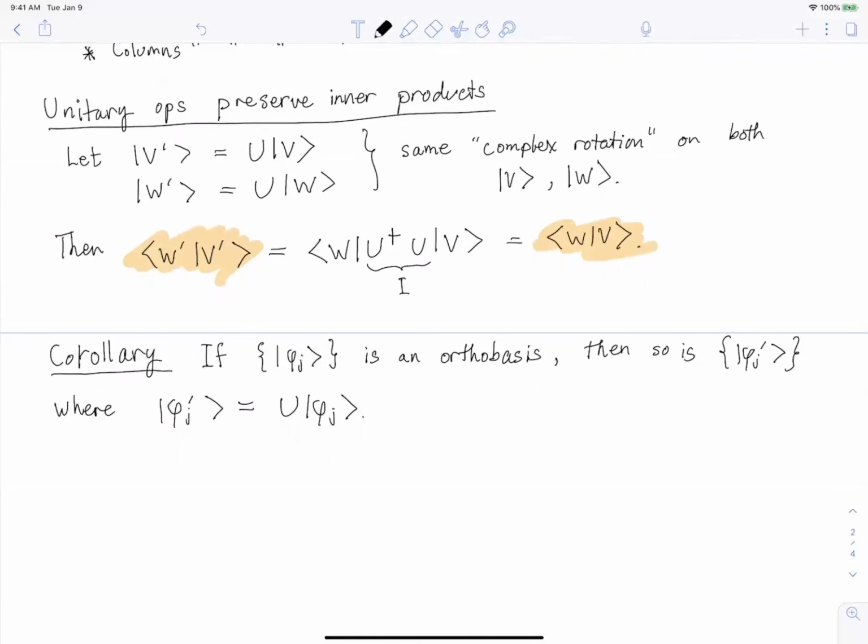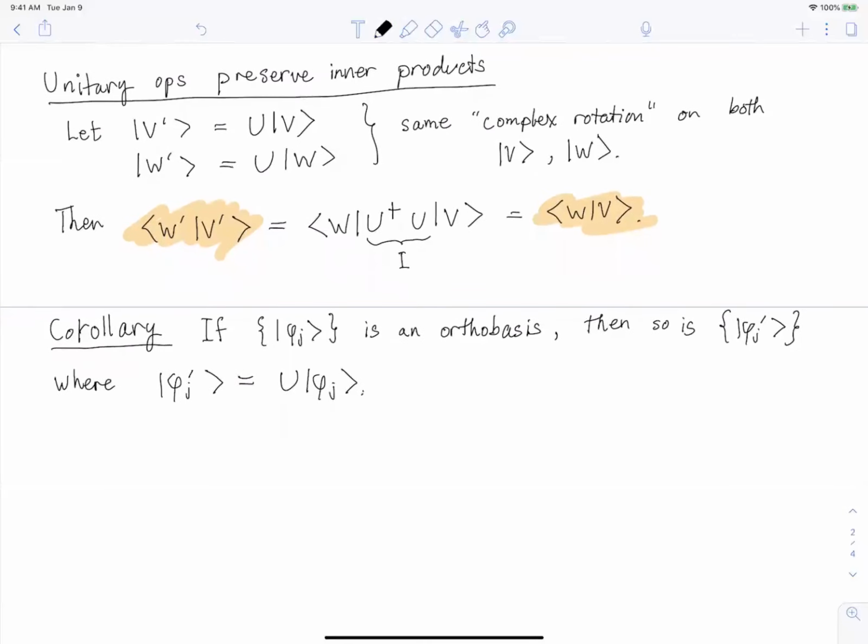But if you do this on an orthobasis, then this will also be an orthobasis. The reason, of course, is because it preserves inner products. For an orthobasis, the inner products are all zeros and ones, depending on whether they're the same vector or not. And so if there's zeros or ones before, they will be zeros and ones afterwards. So that's what we just proved.